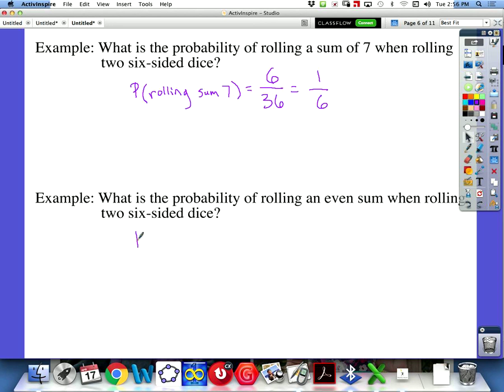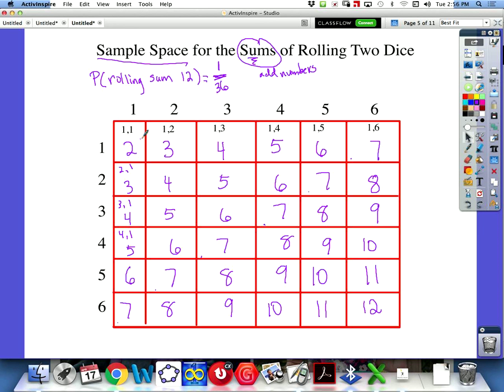My next problem says, what is the probability of rolling an even sum? Remember, even are numbers 2, 4, 6, 8, 10, 12. So if we go look on our board, we need to look for all the evens.